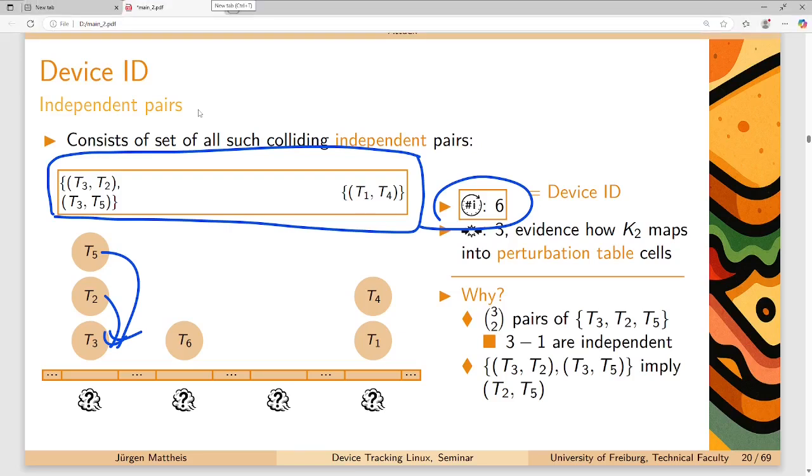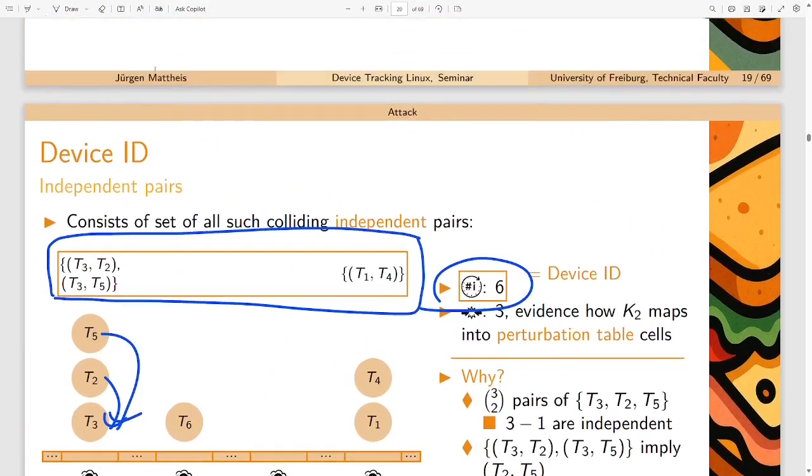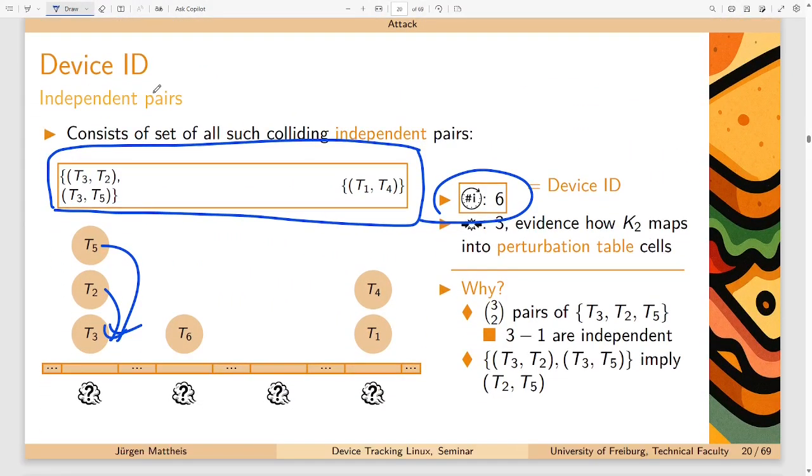Now you might ask, what does independent pairs mean? If we have these three loopback 3-tuples that collide in the same perturbation table cell, then there are binomial coefficient 3 choose 2 different possible pairs that you can make, if you ignore the ordering, but basically only 3 minus 1 are really independent.